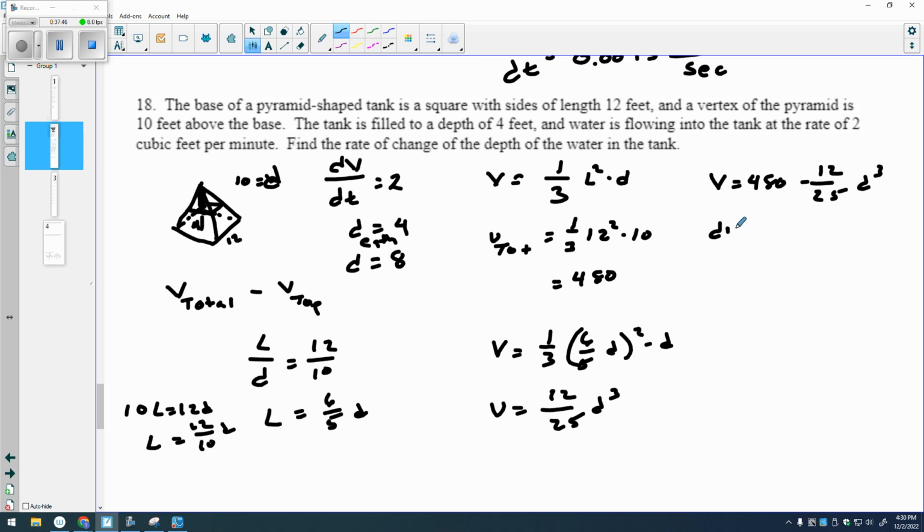All right, so dV dt equals, derivative 480 goes away. Multiply this 3 times the 12, I get negative 36 over 25 D squared times, this is a weird one, dD, change in depth, over time. All right, I know dV dt is 2.